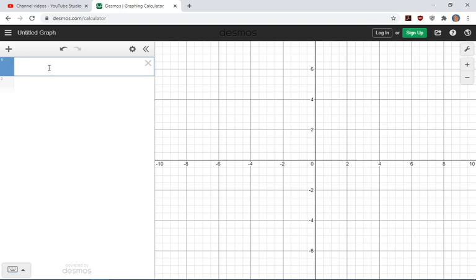So say K. Now I'm going to signal to Desmos that my main variable is R, and everybody else is going to be considered as a parameter. The name for a parameter in Desmos is a slider, because it makes these sliders and then you can just play it and then get the same answer.